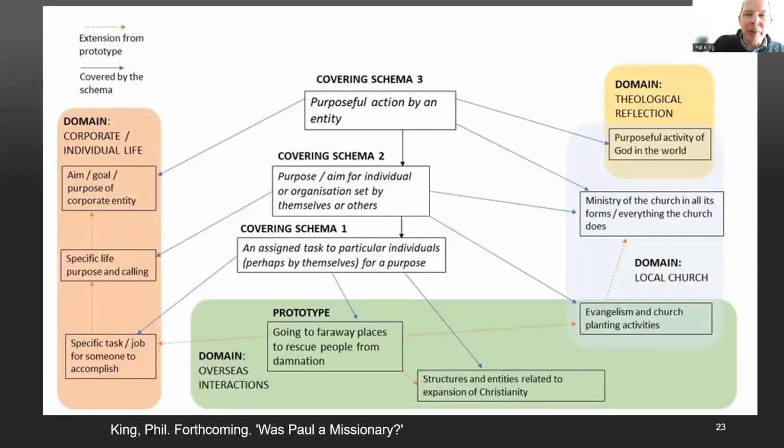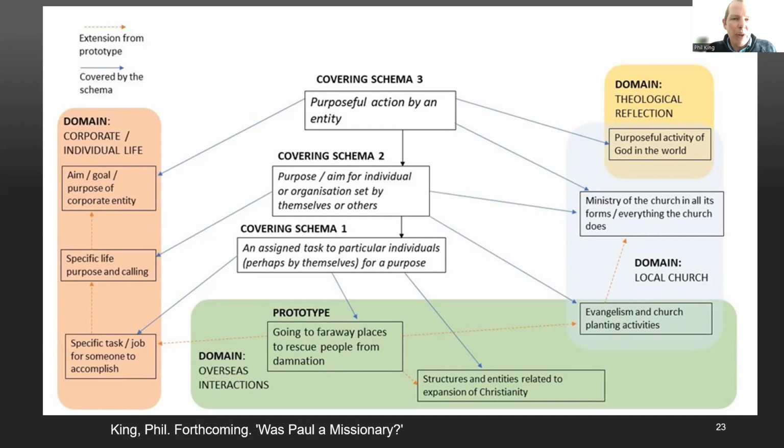Finally, here's one more example where I was trying to explore the semantics of the word mission for a paper I wrote about whether Paul is a missionary or not. With this example, we can see that the prototypical meanings of mission may be connected to different domains, and I've got domains in different colors.